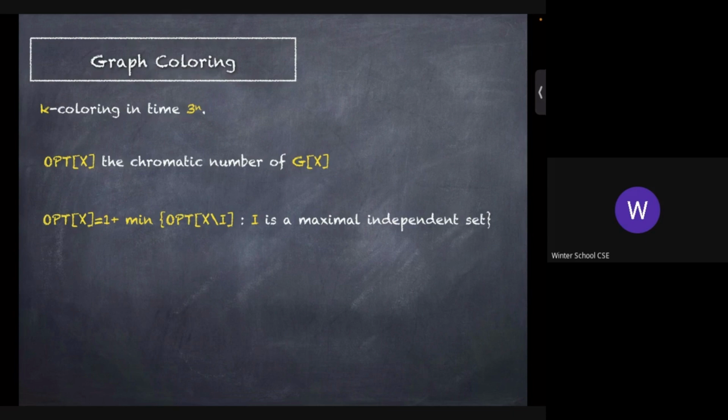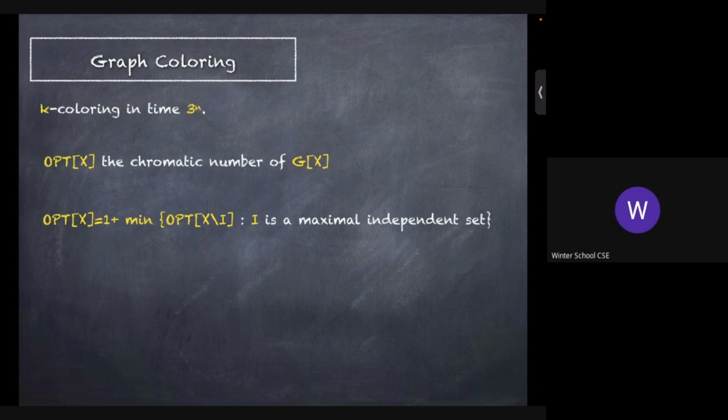So what's happening here? If I take a vertex set X, and I look at the graph induced by this vertex set, and I look at the chromatic number, or the minimum number of colors I have to color this set X in a graph, then what is this? It's 1 plus the minimum of opt of X minus I, where I is a maximal independent set. This is exactly the same idea we tried before.